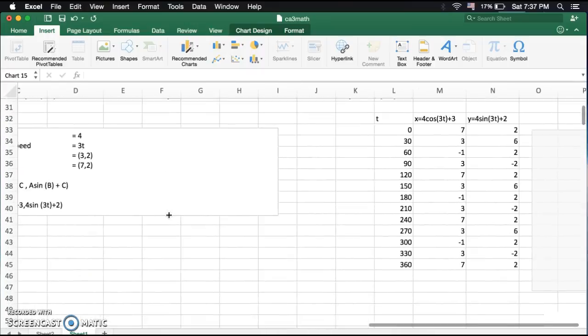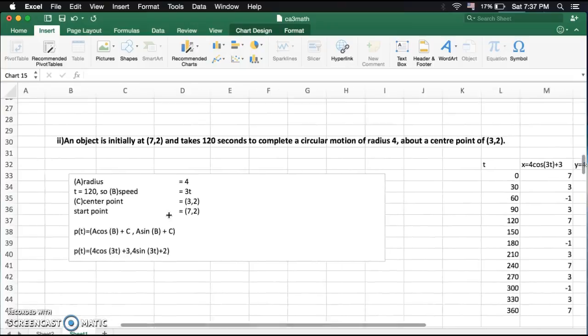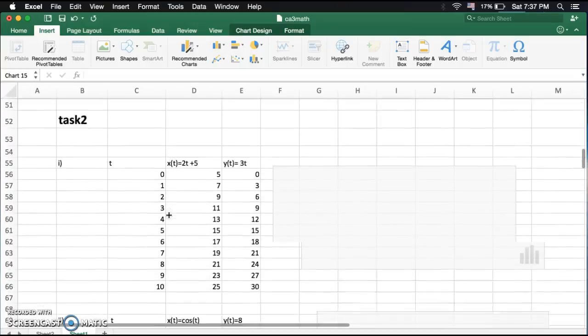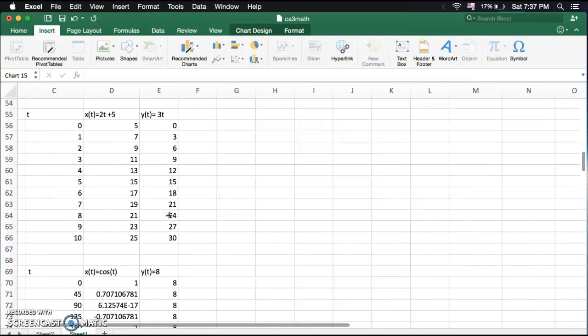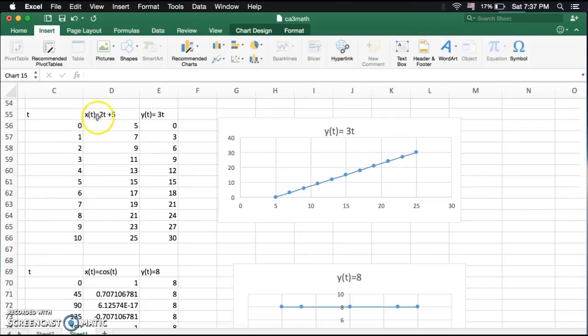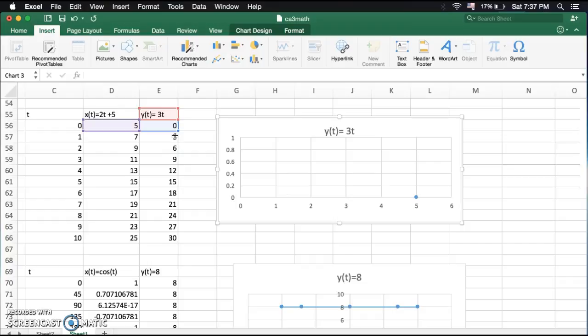So now I'm going to give you another example of straight line motion, which is x equals 2t plus 5 and y equals 3t. As you see, when starting at 0, the point is at x equal to 5 and y equal to 0.